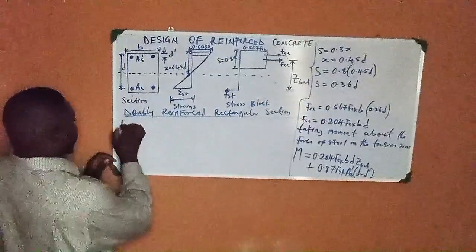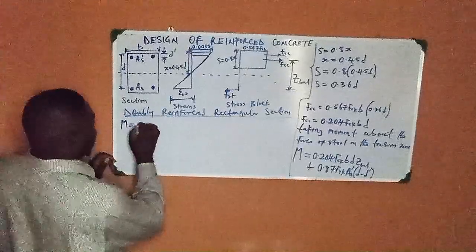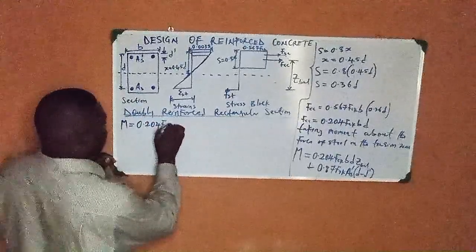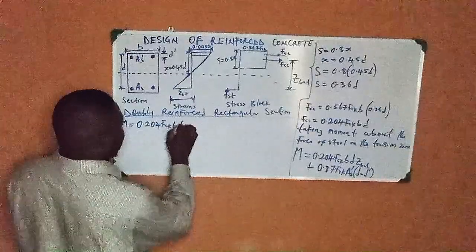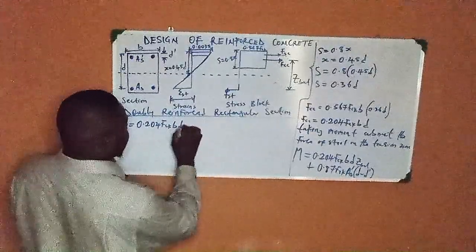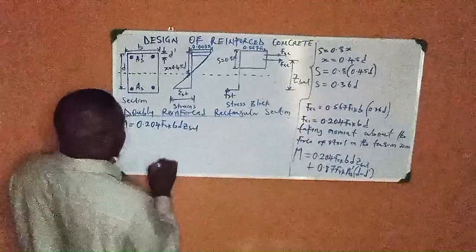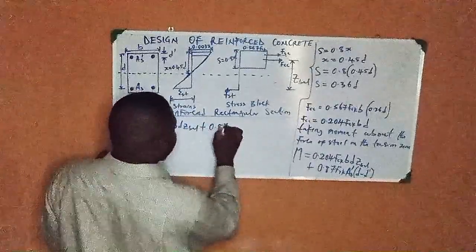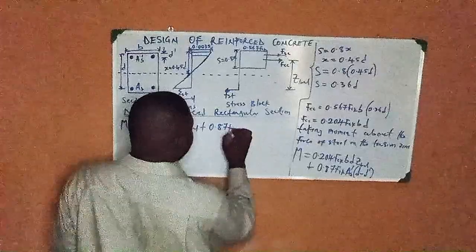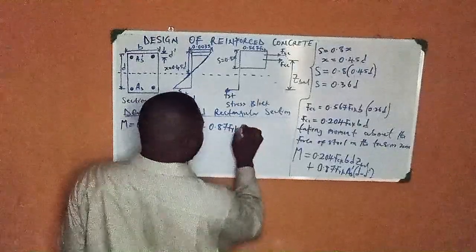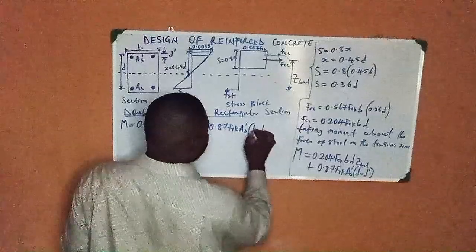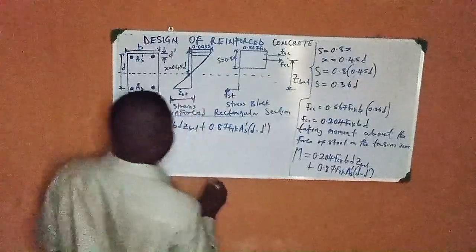So now my M is equal to 0.204 fck bd z bar plus 0.87 fyk As prime into (d minus d prime).